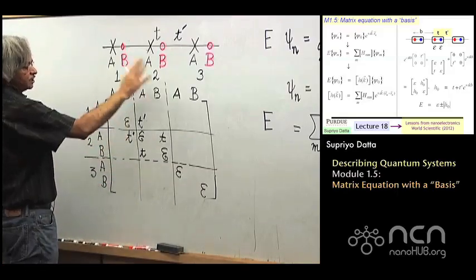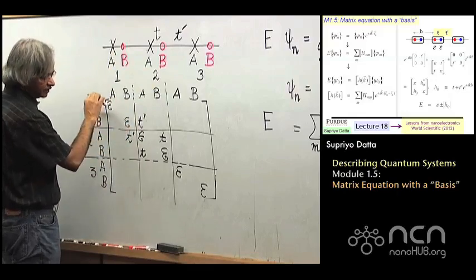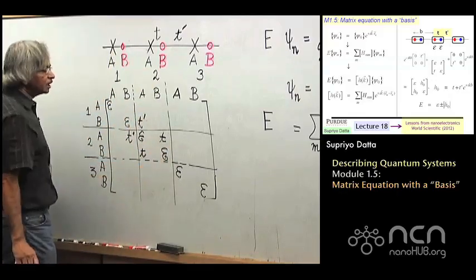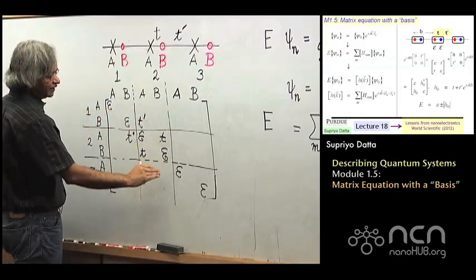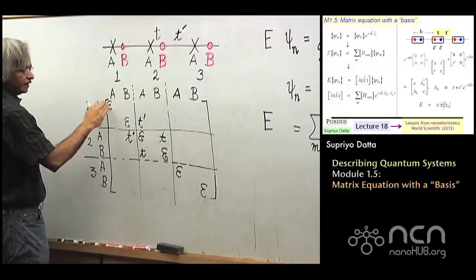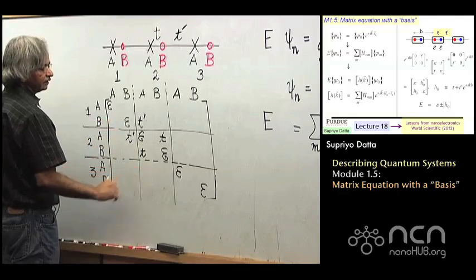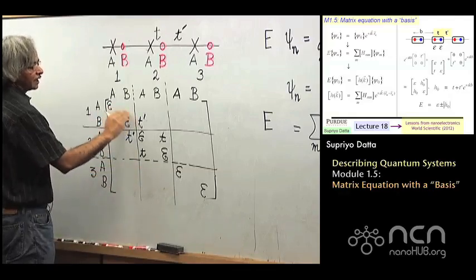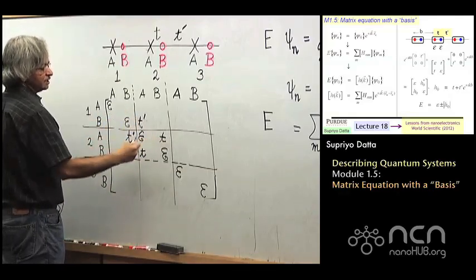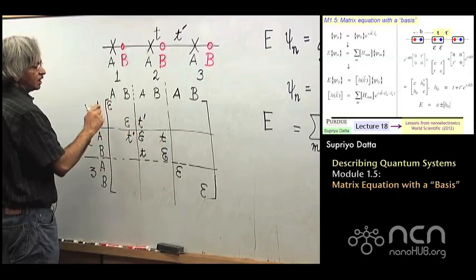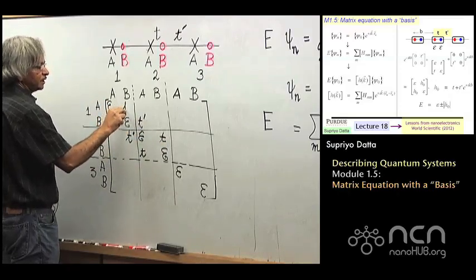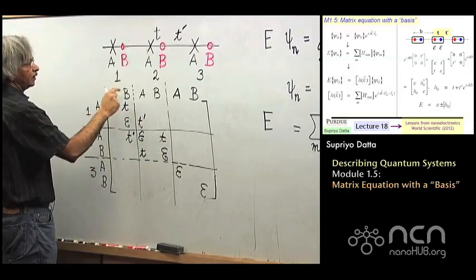And of course, it's a nearest neighbor model, so you still expect this entire matrix to look tridiagonal. There's something down the diagonal, and then there's something on the upper diagonal, something on the lower diagonal. Only thing is, when you look at the upper diagonal, it's not all T's. It's T's and T primes alternating. So if you went there, it would be a T again, because this would be 1A and 1B.